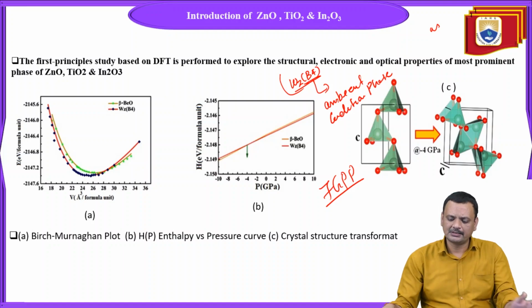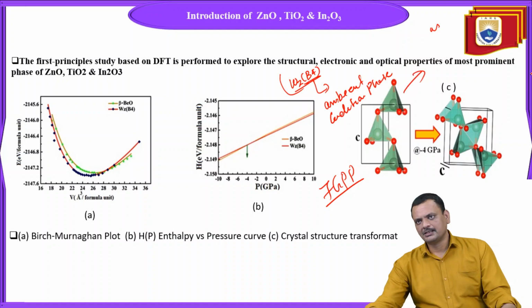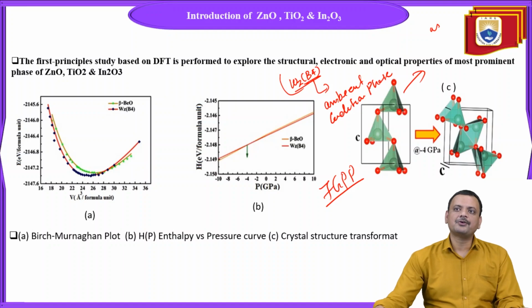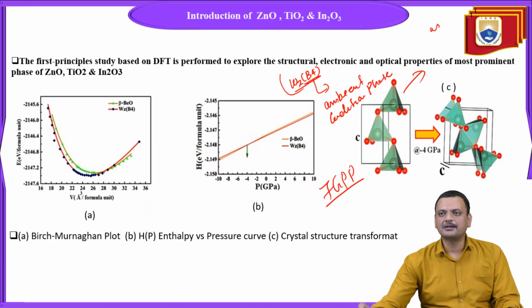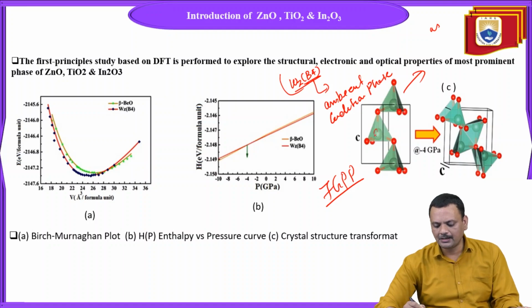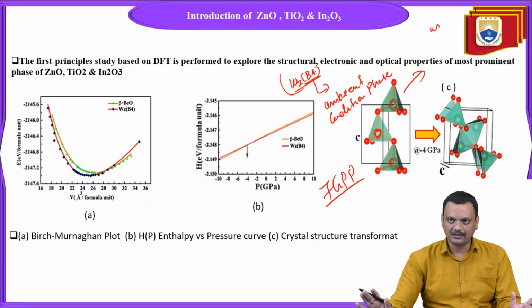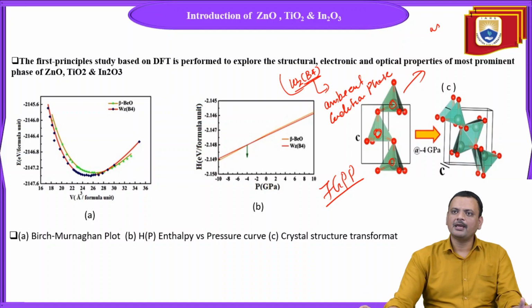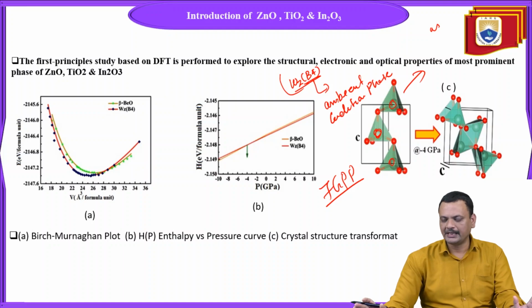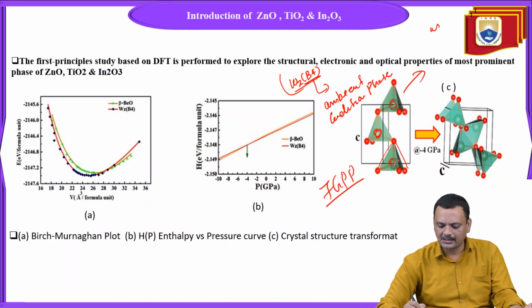This is the figure of the wurtzite B4 phase, where the red atoms show oxygen and the big atoms show zinc. Each zinc is surrounded by oxygen atoms in tetrahedral symmetry. This structure is known as tetrahedral.